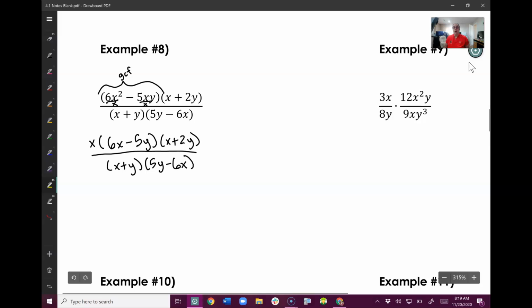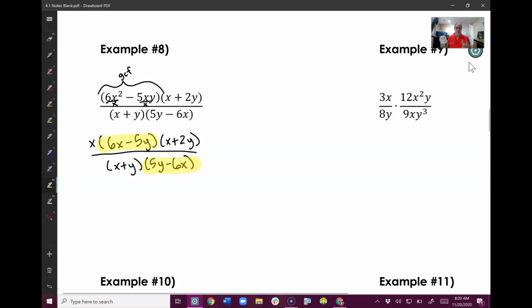Now, a lot of students would look at this and say, these are pretty much identical, I can cancel them. But you can't. They're not exactly identical. One is positive 6x minus 5y. The other is positive 5y minus 6x.